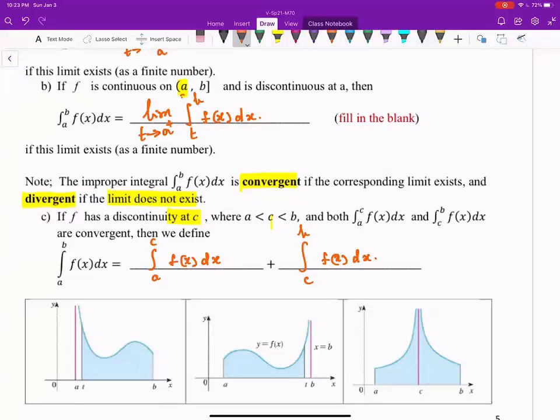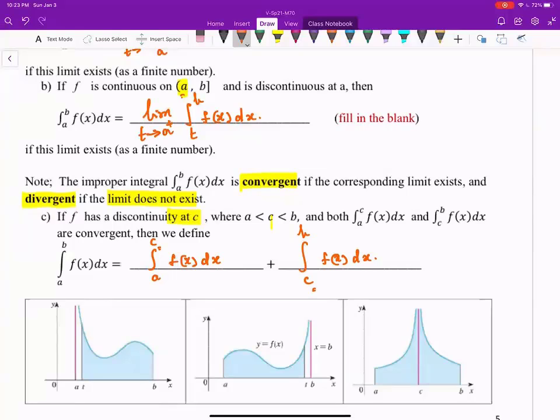But remember, there is a discontinuity at c. For the first part, there is a discontinuity at the upper limit. For the second part, there is a discontinuity at the lower limit.